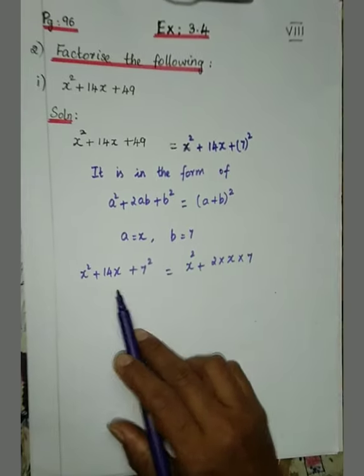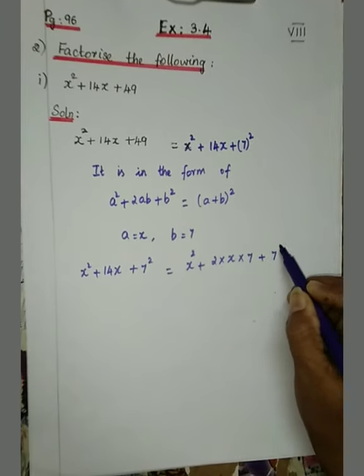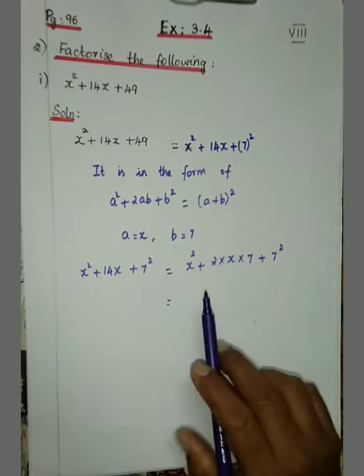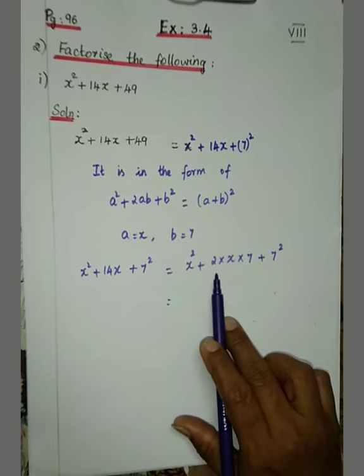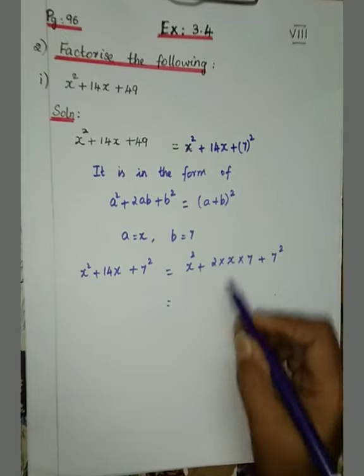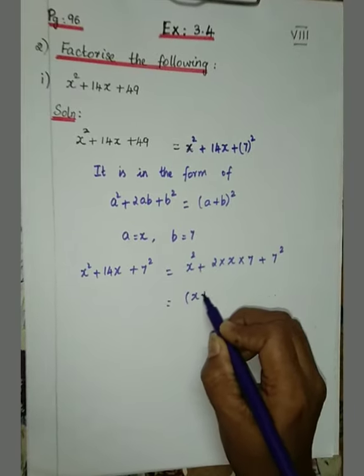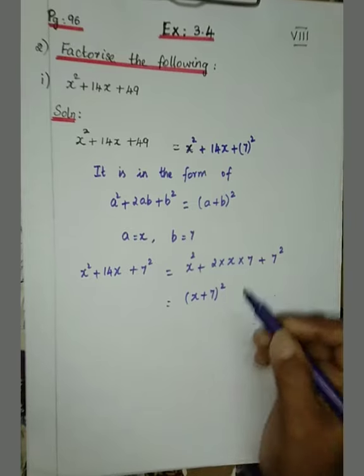This 14 can be splitted into 2 into 7, plus 7 square. Now it is in the form of a square plus 2ab plus b square. So directly we can write x plus 7 the whole square.